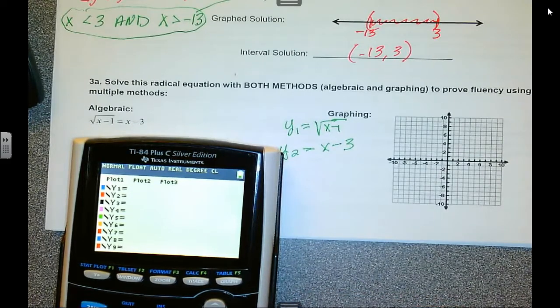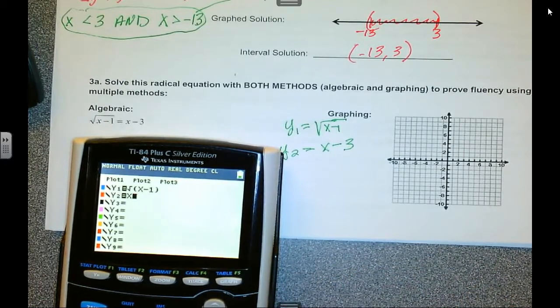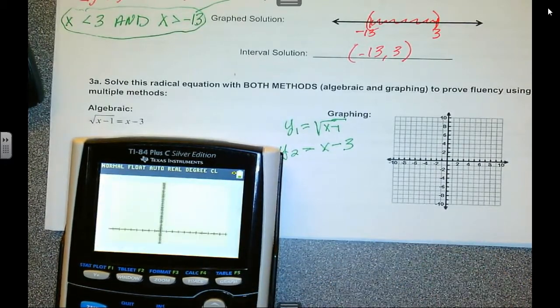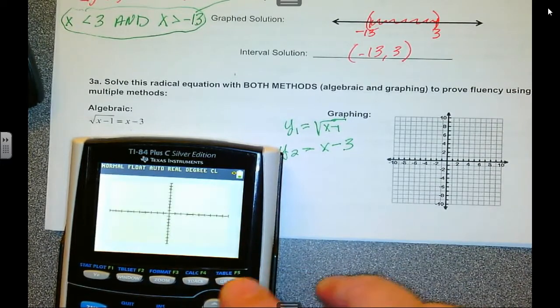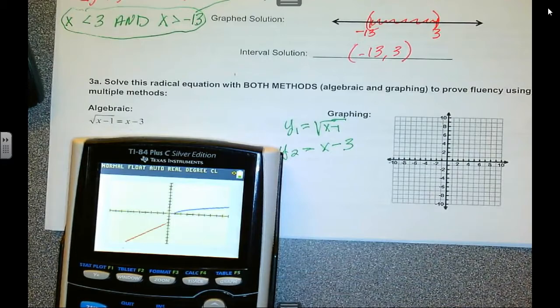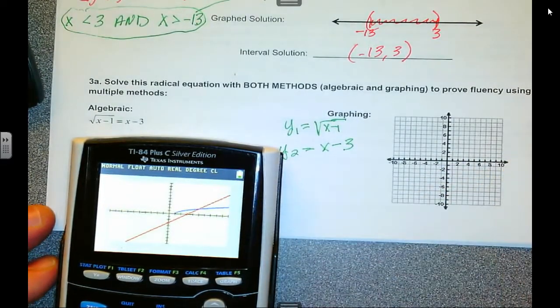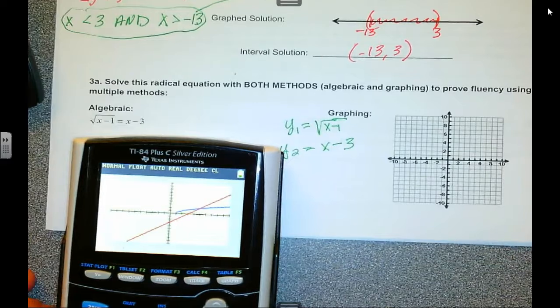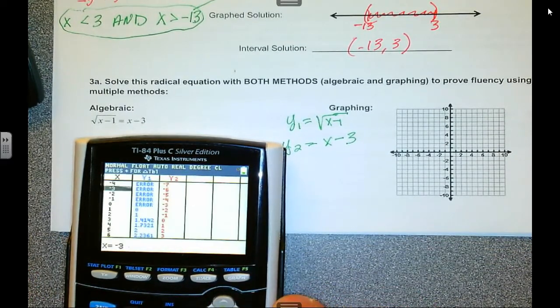So I have the square root of x minus 1 and x minus 3. Graph them. Okay, I'm going to graph each one of these. You could go to your chart. This is y1. This is our radical.